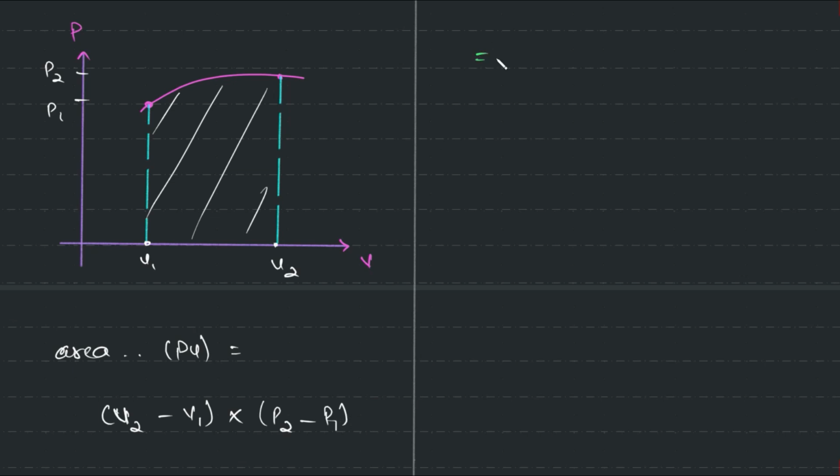So basically, we are looking at change in volume times change in pressure. And this is nothing but your work. So the area under the graph in a PV diagram gives us work. Okay, so this is your background.